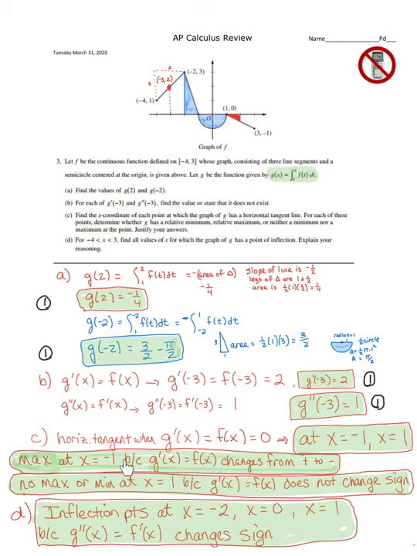For part C, there are 3 points available. 1 point is for considering, when you're trying to find a horizontal tangent, that g prime of x is equal to 0. You should write g prime of x, which is equal to f of x, is equal to 0.